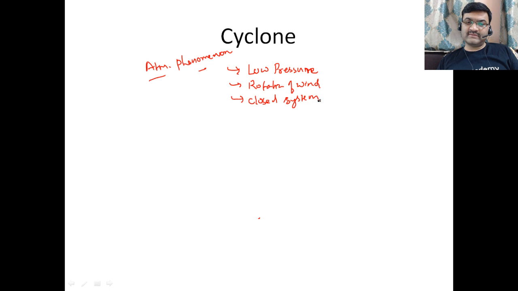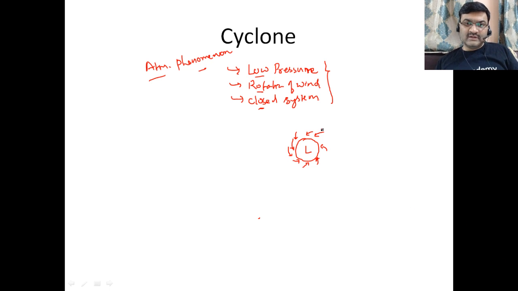So there are three things here: low pressure, rotation of the winds, and it is a closed system. If there is low pressure and the winds around this low pressure get rotated like this, this will be known as the cyclone. Now this condition may occur anywhere on the surface of the earth.